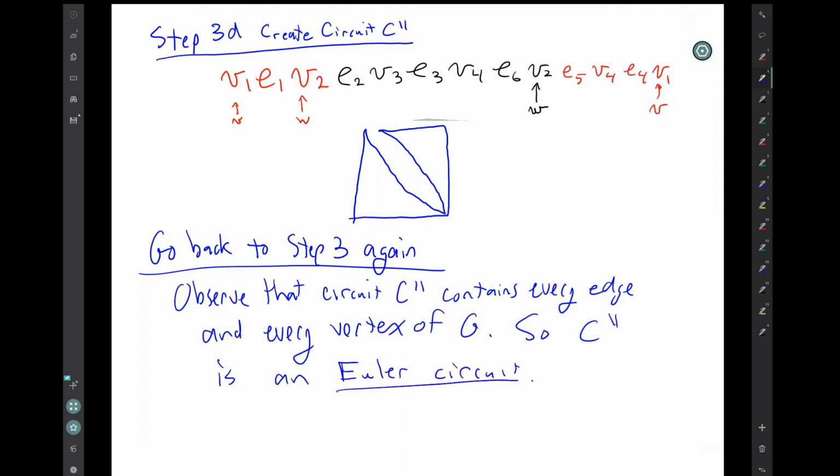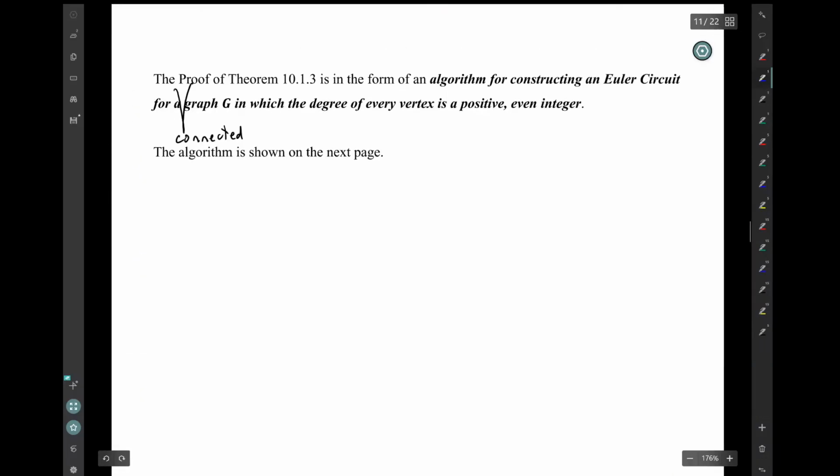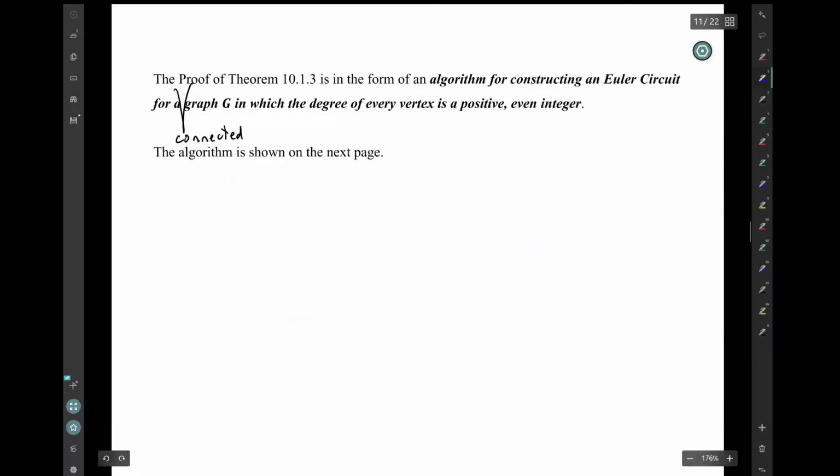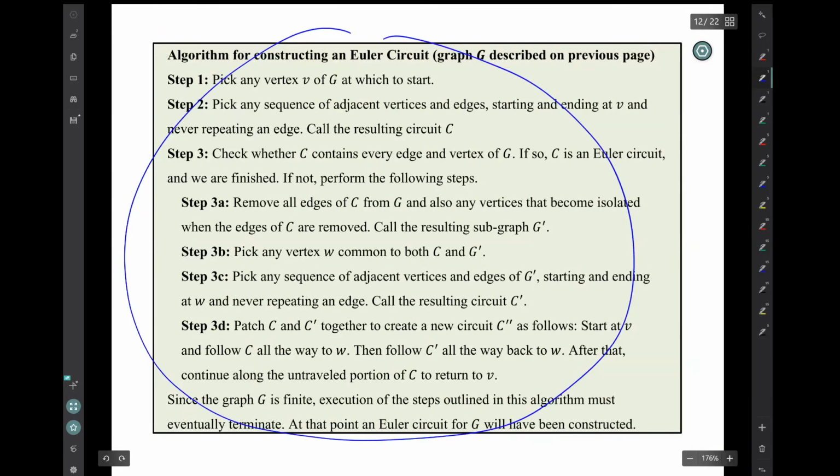Well, when we get back to step 3, we observe that circuit C double prime contains every edge and every vertex of G. So C double prime is an Euler circuit, so we're done. That's how the algorithm works. So, as I said, this theorem is proved by this algorithm. We showed how the algorithm works in a particular example, but in fact, this is a general algorithm and it will always work.